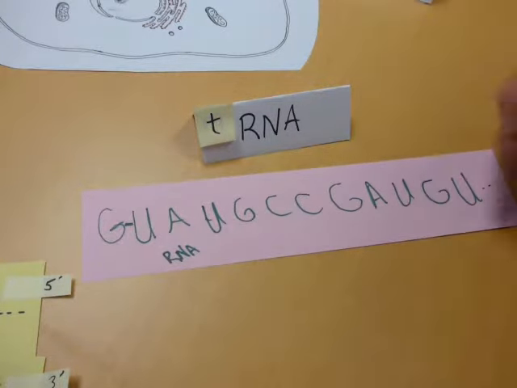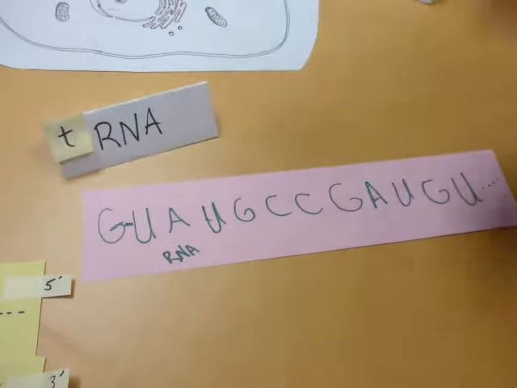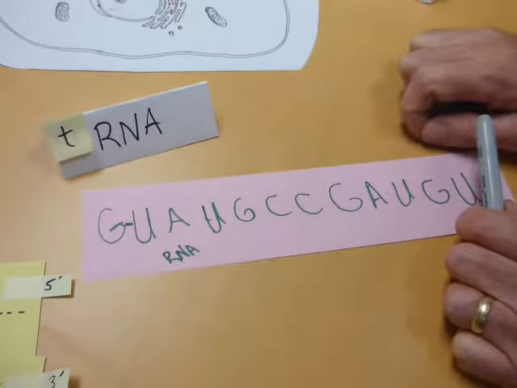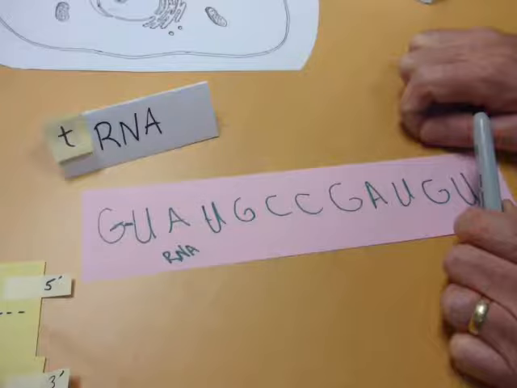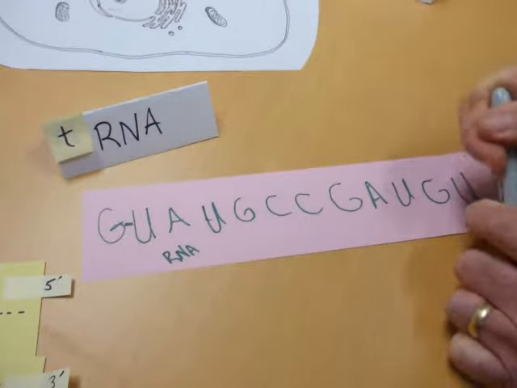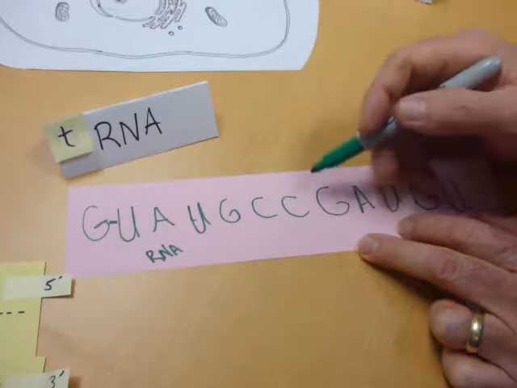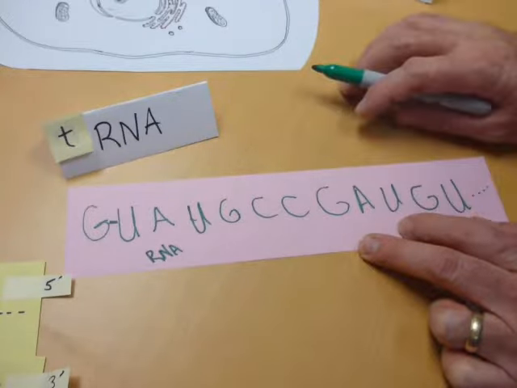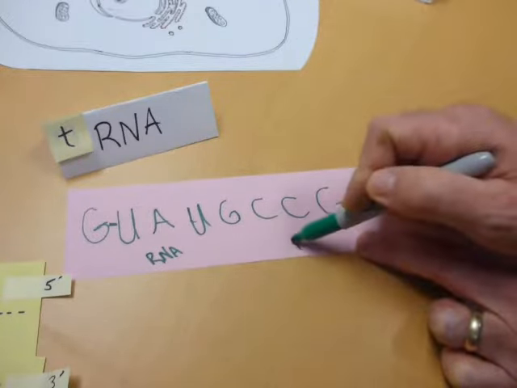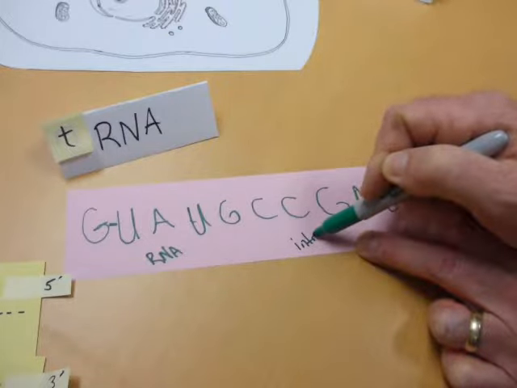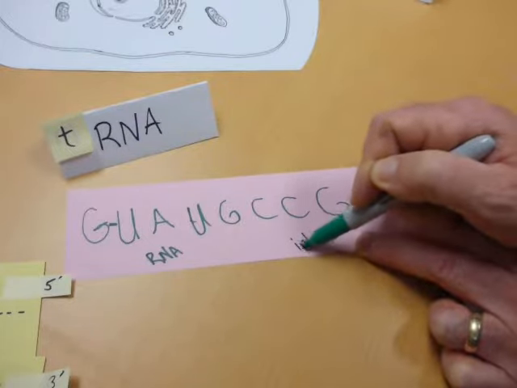There are some other things that happen right after transcription that I might mention, some processing that occurs just in eukaryotes, and one of those processes is to cut out bits of the RNA. This strand may be extremely long, and there are bits that are called introns.